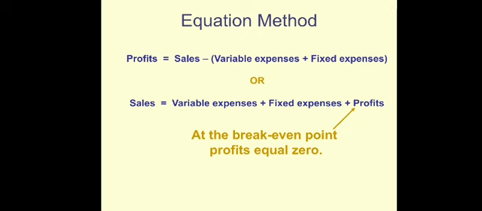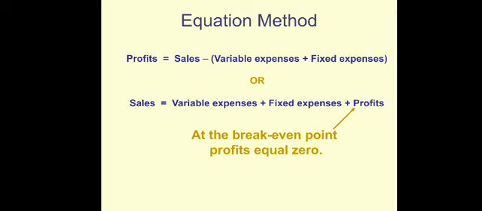See the second equation on this slide: sales equals variable cost plus fixed cost. That is the point of break-even. At that point, the profit is equal to 0. So you use this equation, sales equals variable cost plus fixed cost. Profit is 0, so you don't have to worry about profit.